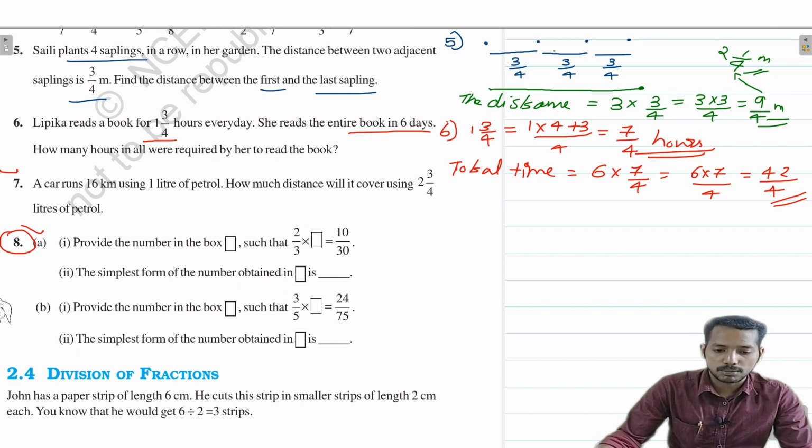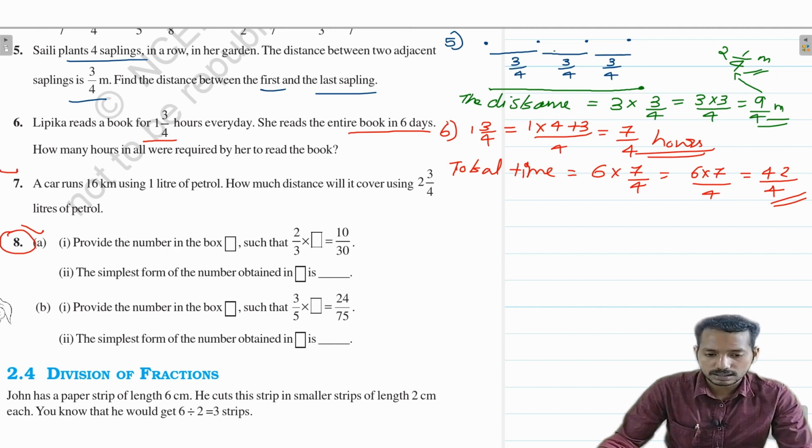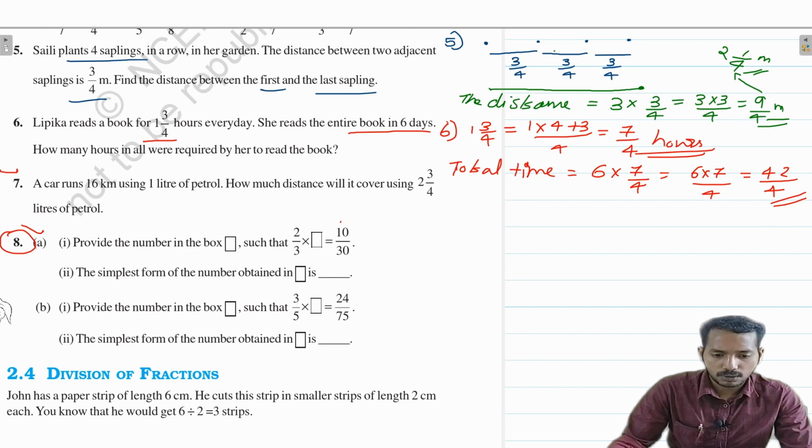Provide the number in the box such that 2 by 3 into dash is equal to 10 divided by 30. So how will you find? Just divide this 10 by 2. What will we get? 10 divided by 2 is equal to 5. Similarly, divide this 30 by 3. We will get 30 divided by 3 is equal to 10.